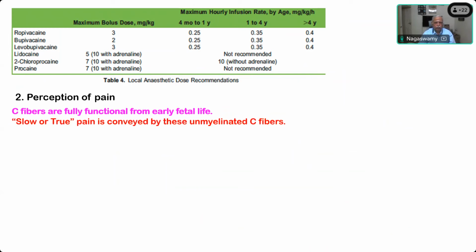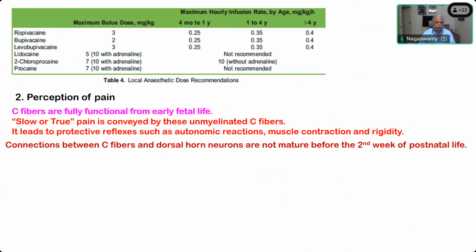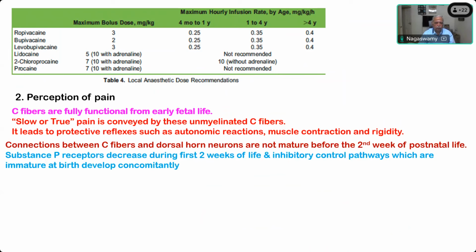Slow or true pain is conveyed by these unmyelinated C fibers. It leads to protective reflexes like autonomic reactions, muscle contraction, and rigidity. And the connections between C fibers and dorsal horns are not mature before the second phase of postnatal life. That is the only problem.